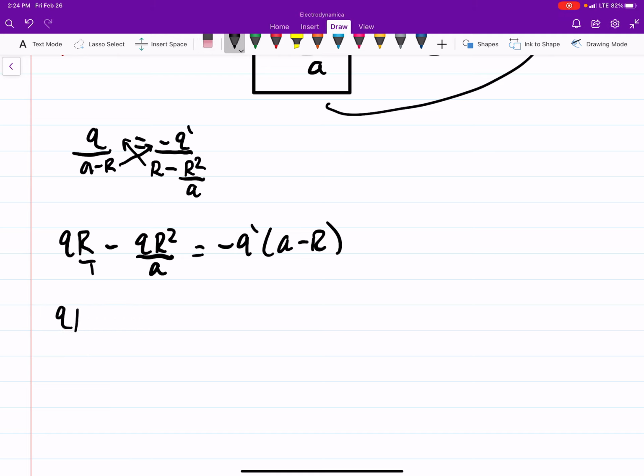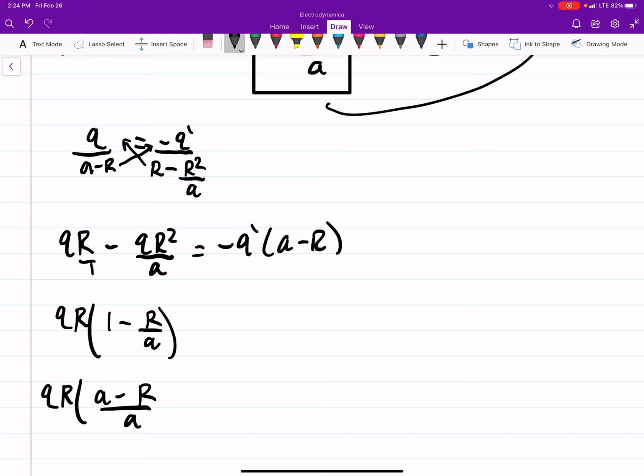I could factor out a QR, and I'll be left with 1 minus R over A, which is just going to be A. So this would be QR, A minus R over A, which is exactly what we have.